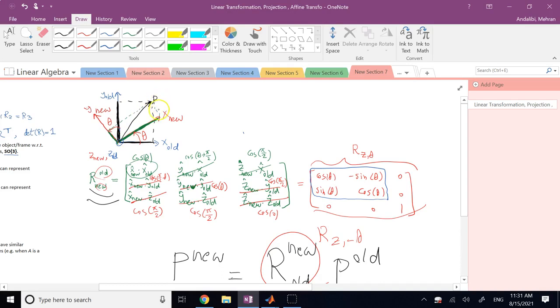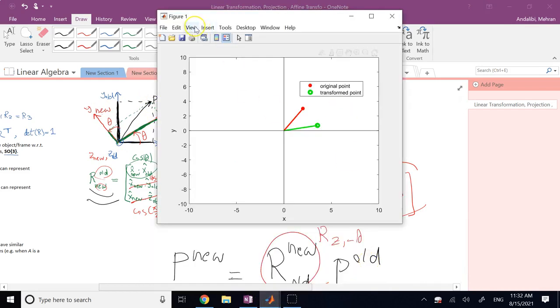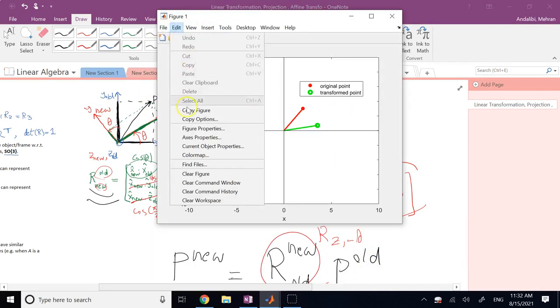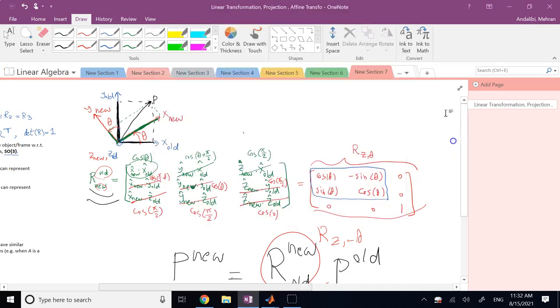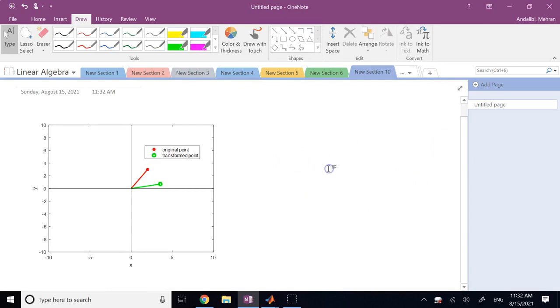So the new numbers that you got are the coordinates of the same point P on the new rotated frame. What you really had here, if I can copy this from here and bring it here and show it to you.